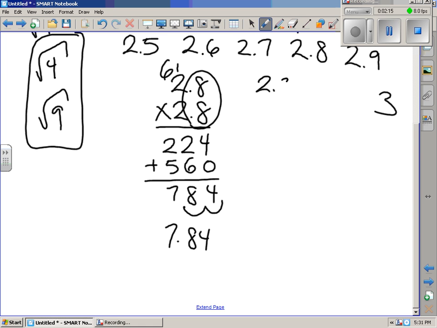So now go ahead and multiply 2.9 multiplied by 2.9.